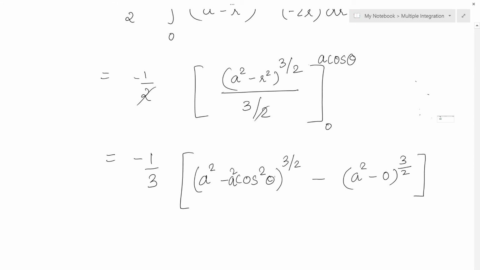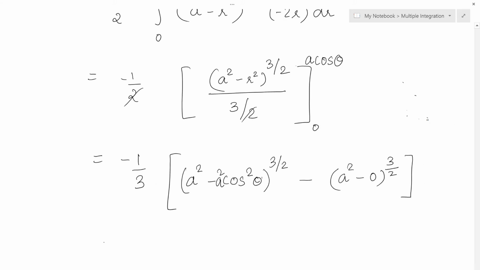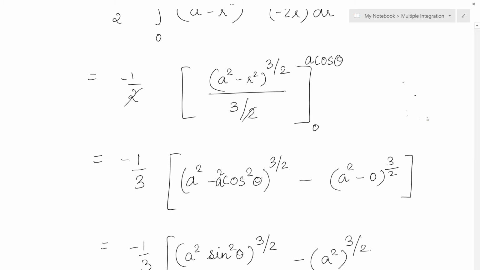Wherever you have r, I have substituted the upper limit as well as the lower limit. So I will be left with a square minus a square cos square theta. So that will be a square sin square theta raised to 3 by 2 minus a square raised to 3 by 2. So by laws of indices, this 2 will get cancelled and this 2 also will get cancelled.